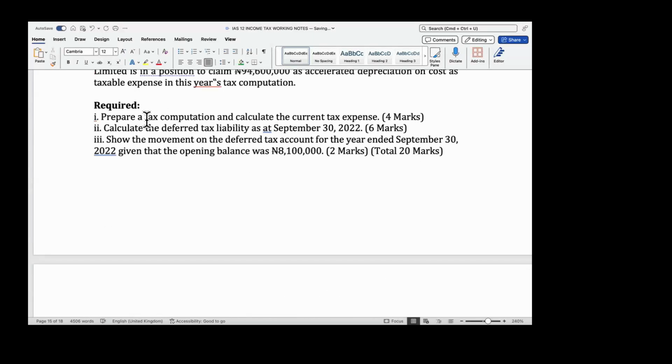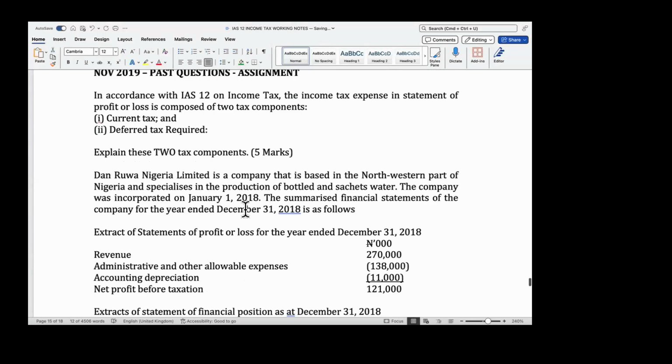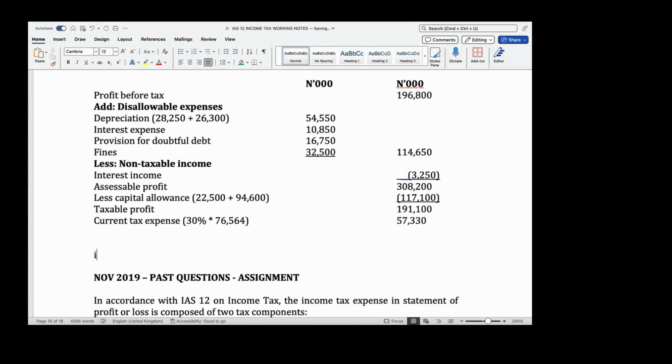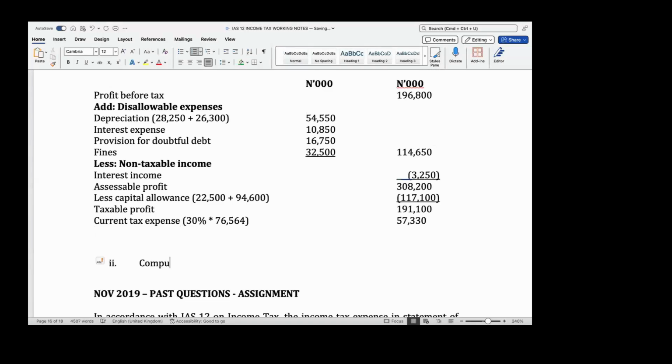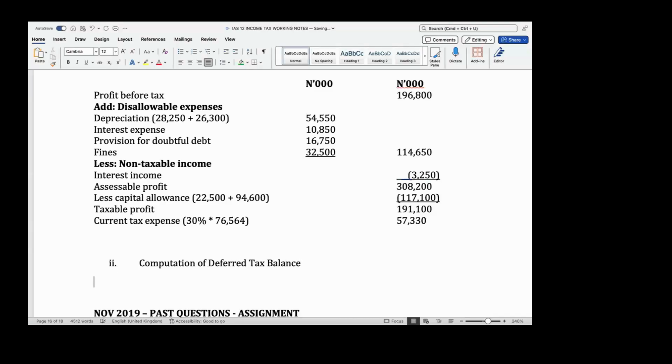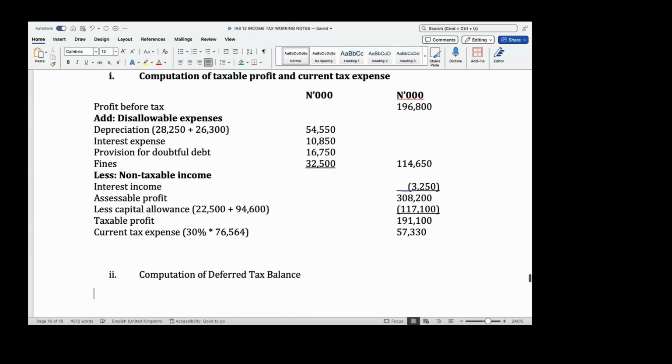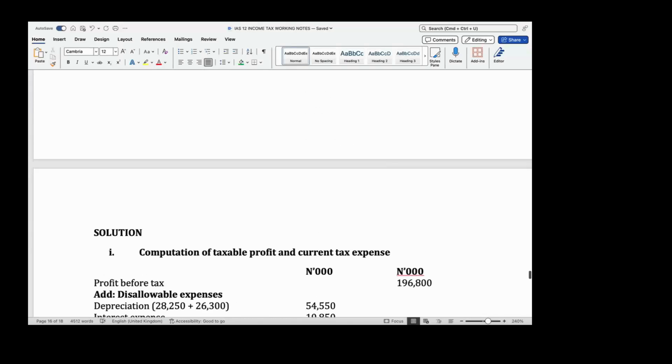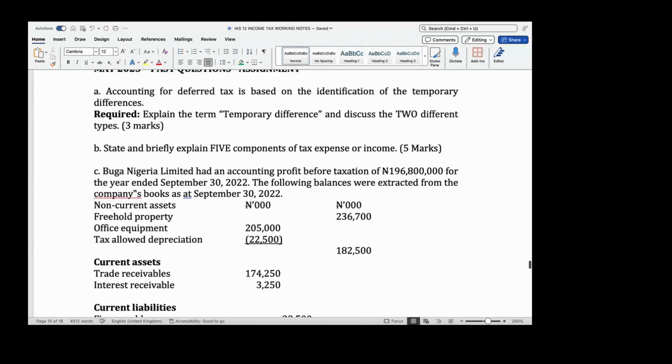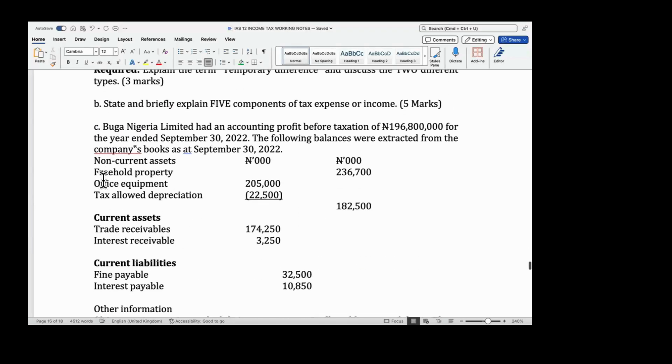Okay. So the second part of the question requires us to determine the deferred tax liability, which is the deferred tax balance. And how do we determine that? Second part of the question, computation of deferred tax balance. To get deferred tax, you need to determine your temporary difference. For temporary difference, you pick your assets one by one.